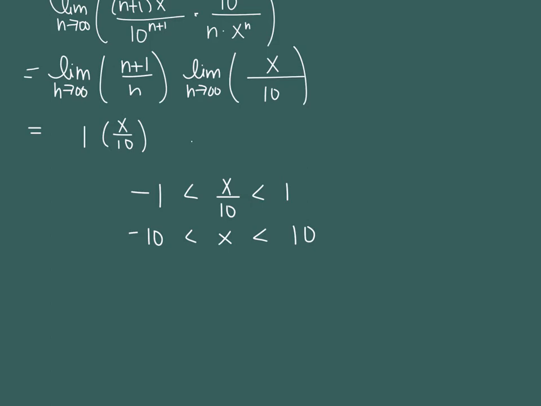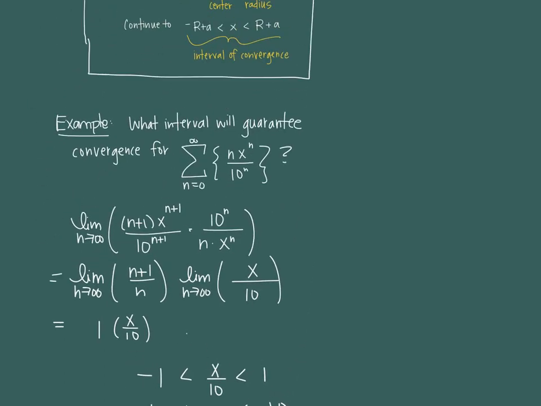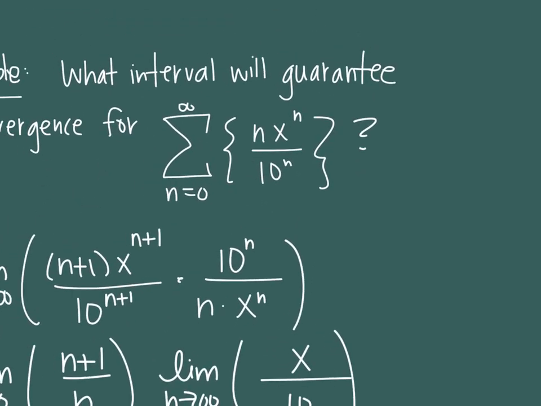Centered at 0, radius of 10, interval of convergence, negative 10 to 10. Now we've got it all. So this interval will force the convergence of the original power series. Any x that I use between those two, now I can't use 10 and I can't use negative 10. It has to be distinctly between. Anything I use between there, back in the original power series, will be a convergent series.